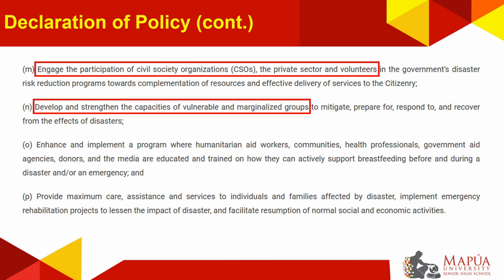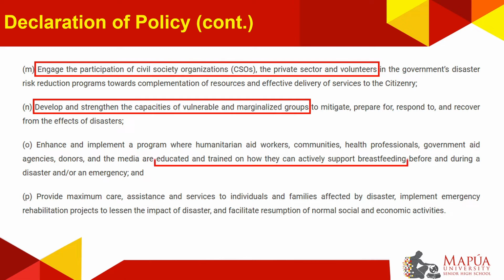Letter N states to develop and strengthen the capacities of vulnerable and marginalized groups to mitigate, prepare for, respond to, and recover from the effects of disasters, focusing on the marginally poor or areas where there are disasters and people are not at the level of high socioeconomic standing.